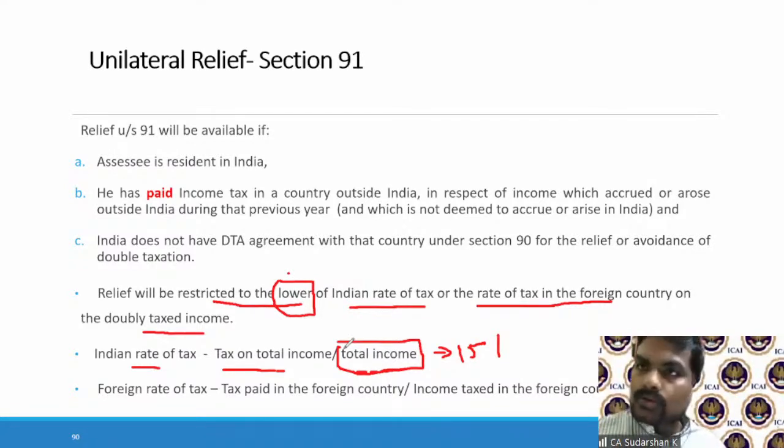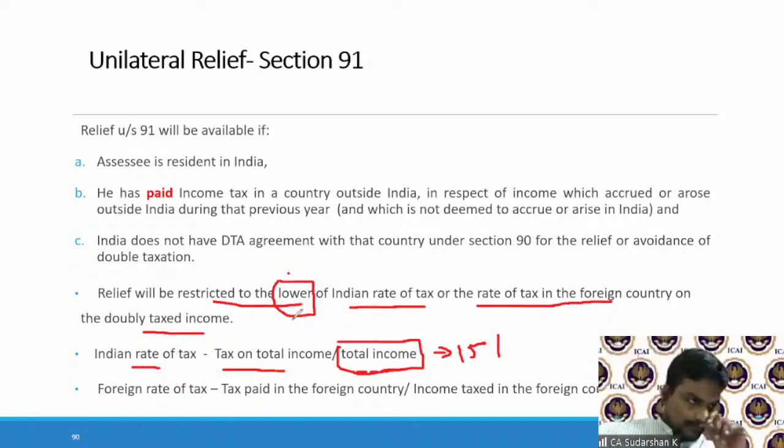But they may have some deductions given, R&D credits given. So what matters is your final effective tax rate. So now they are saying restrict the rebate to the extent of your effective tax rate.